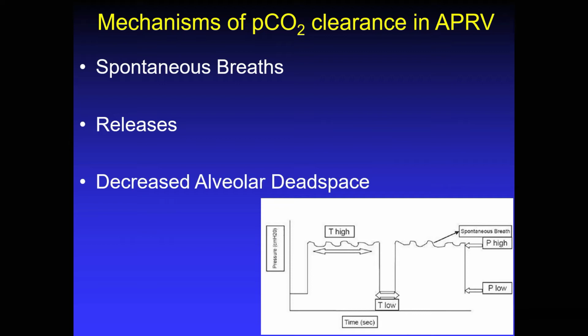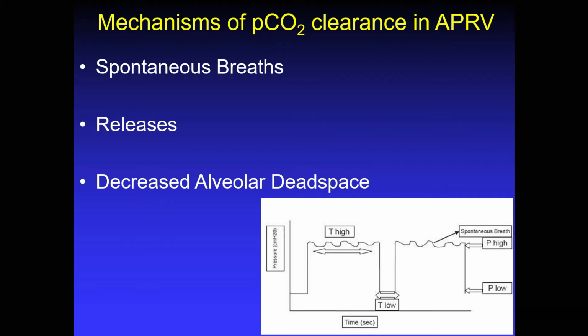Now, for most patients requiring intubation, obviously the CO2 clearance generated from spontaneous breathing is not sufficient in and of itself, and that's why Downs and Stock had to find a way to provide releases to allow intervals of bulk ventilation where larger boluses of CO2 can be exhaled, and that's where mechanism 2 comes in, which is the primary one when you have someone who is in the midst of significant vent support with APRV. That occurs through the releases.